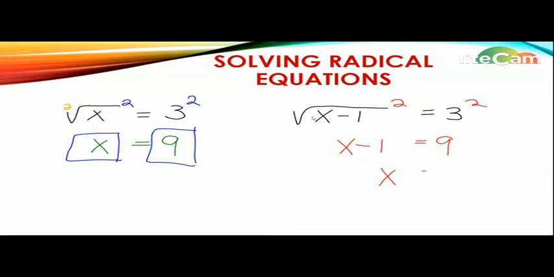PEMDAS says that you have to do your parentheses and your exponents before you can do your multiplication, division, addition, subtraction, right? The x minus 1 is inside of the radical. I have to make the radical go away first before I can deal with this 1. So if it's all inside here, go ahead, square both sides, and then let's finish off the equation, which will give me x equals 10.